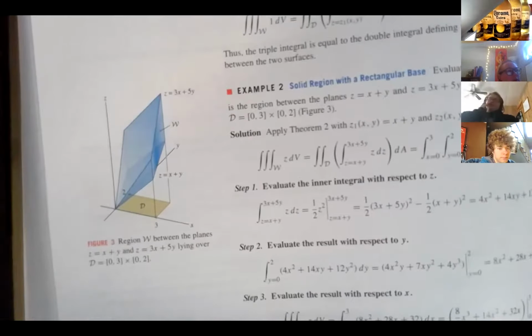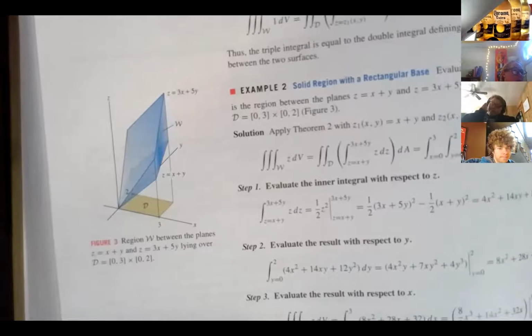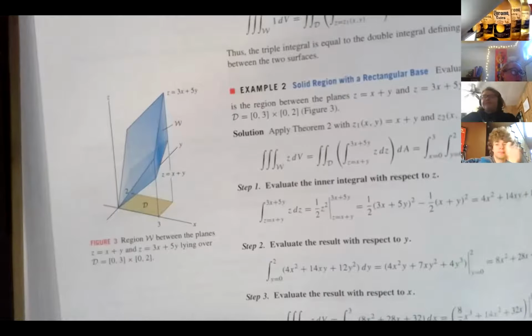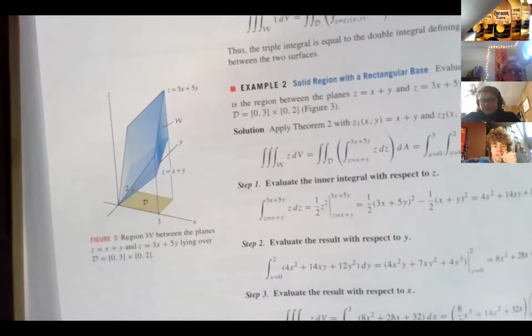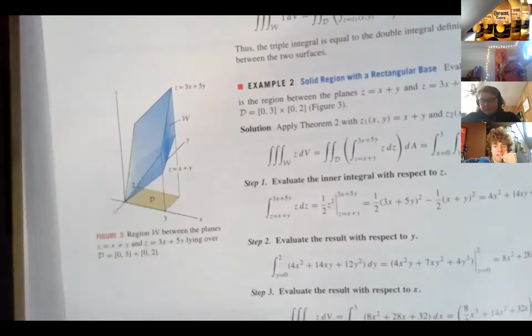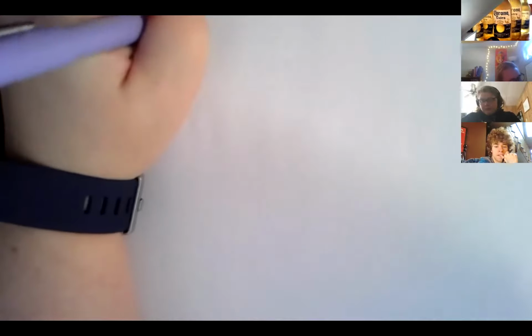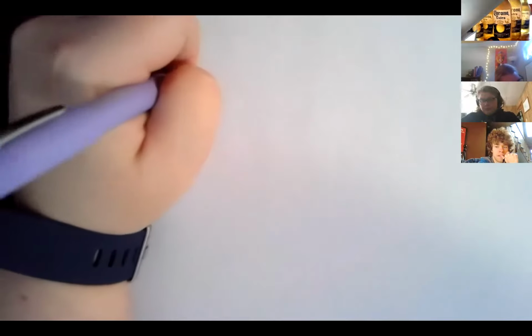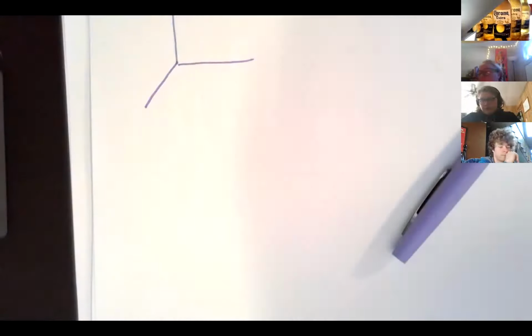So we have this weird shaped thing, and we have this region D beneath it, kind of projecting up onto that bottom part there. So let's see if we can practice drawing this. Let's do it in pencil first.